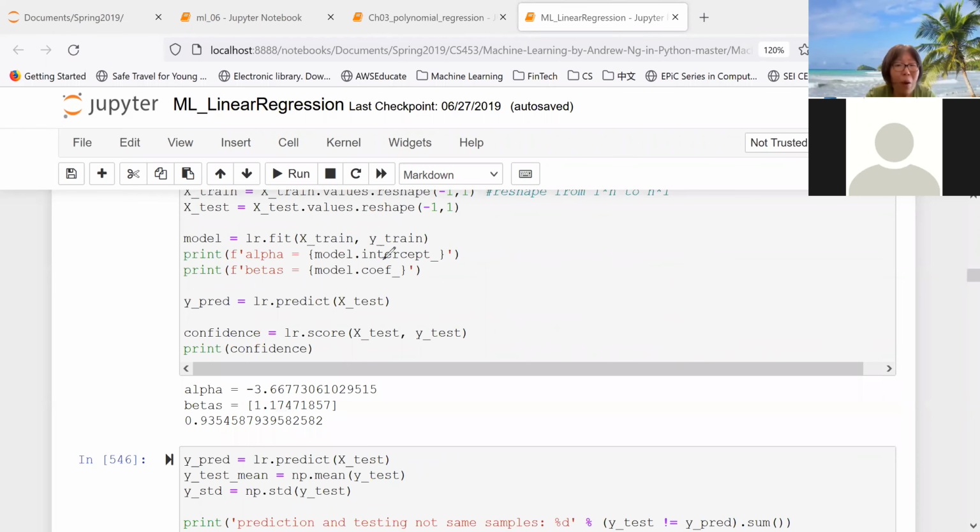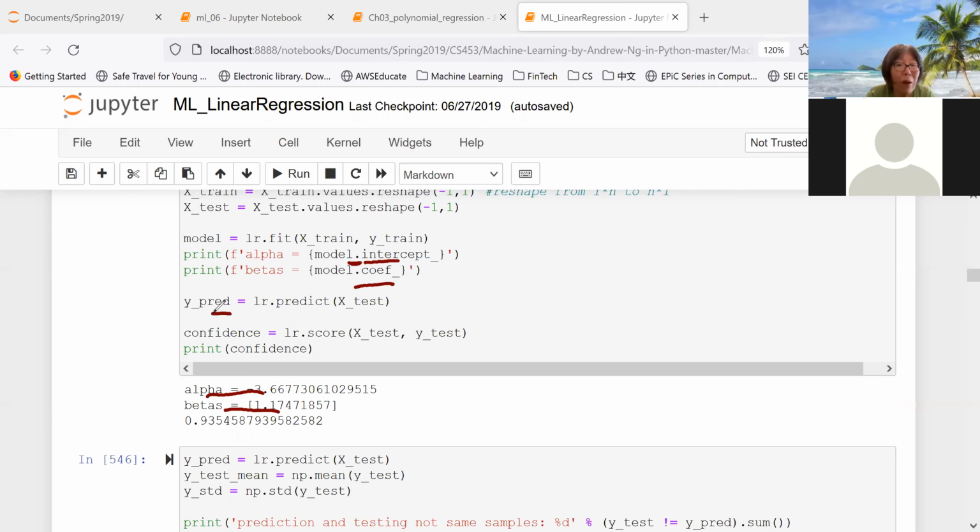For linear regression, basically it's the slope and the intercept, and you can get those values through model.intercept_ and model.coef_.